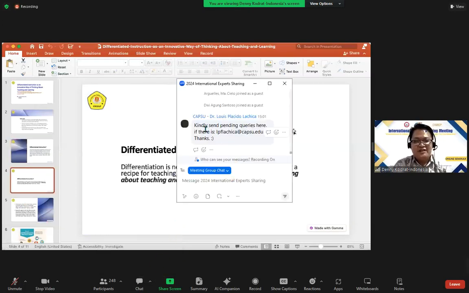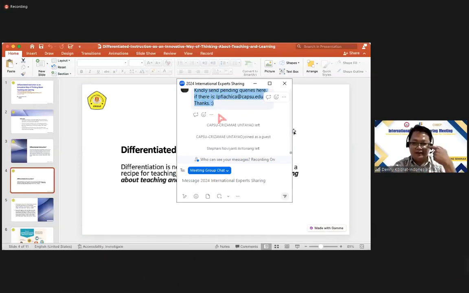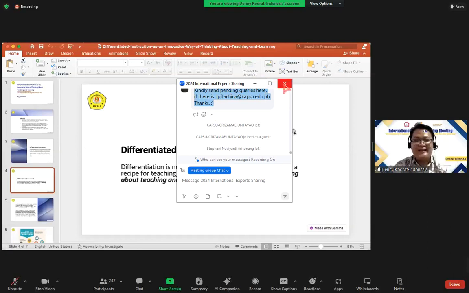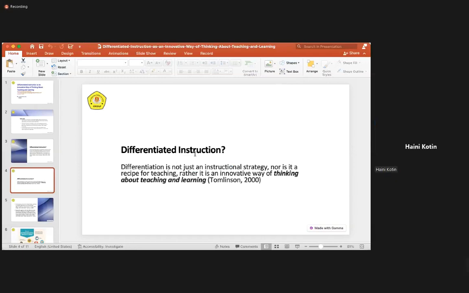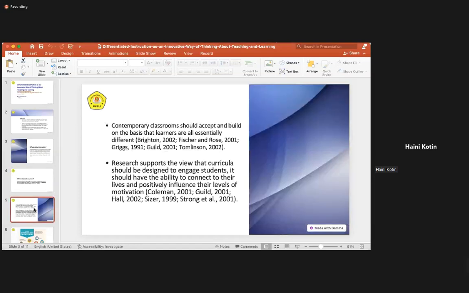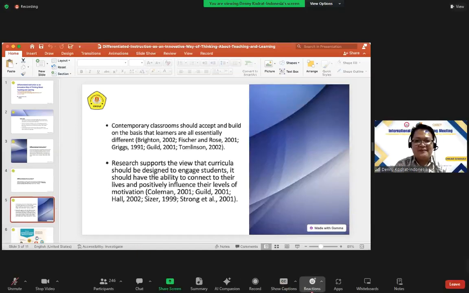Differentiation is not just an instructional strategy, nor is it a recipe for teaching. Rather, it is an innovative way of thinking about teaching and learning. In this perspective, as teachers, we should accept and build in the classroom on the basis that learners are all essentially different.